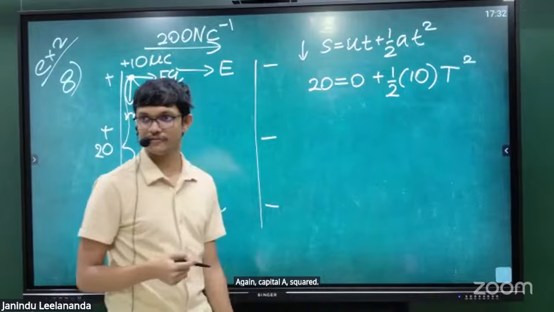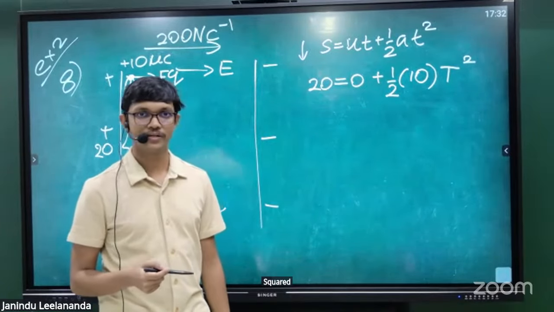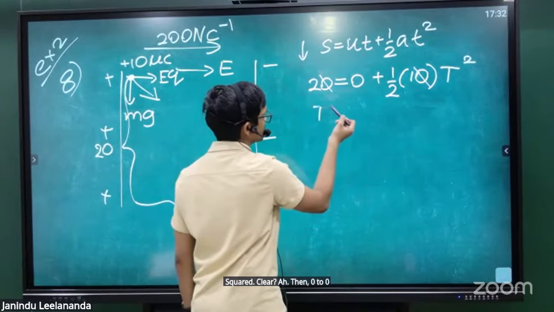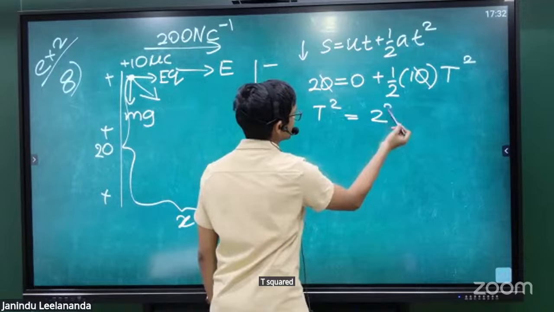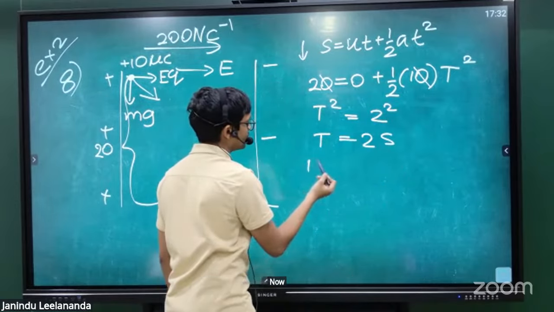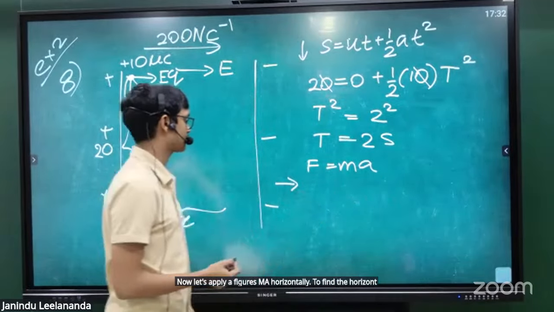Clear? Half 10 T squared. Then 0 to 0 cancels out. T squared equals 2 squared. T is 2 seconds. Now let's apply F equals ma horizontally to find the horizontal acceleration.